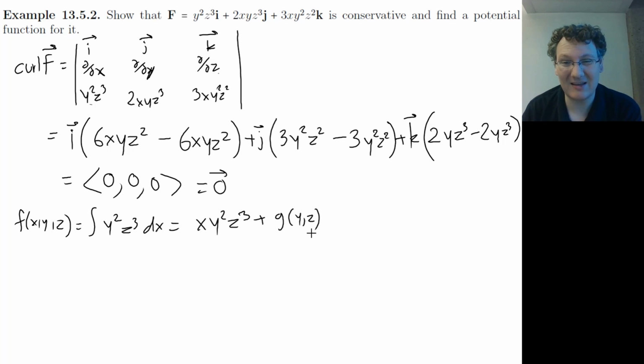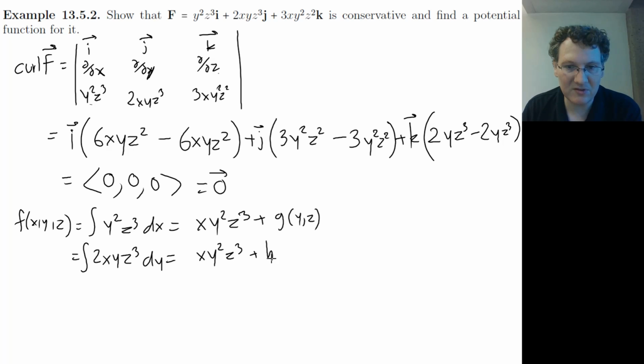That could be anything, but we also know that the integral of the second component, 2xyz to the third dy, is the same thing. Now this is going to be xy squared z to the third plus some function h of x and z.